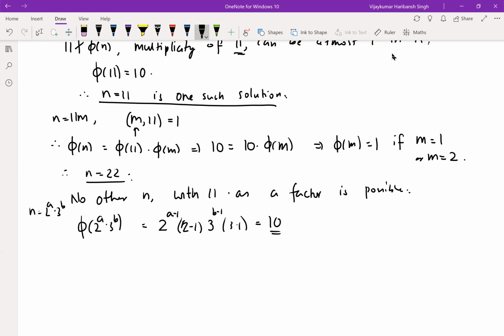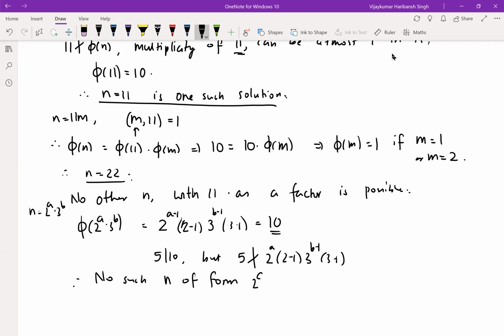Now, note that 5 is a factor on this side. So 5 divides 10, but 5 does not divide 2 to the power a minus 1 times 2 minus 1, times 3 to the power b minus 1 times 3 minus 1. Therefore, no such n of the form 2 to the a times 3 to the b is a possibility.